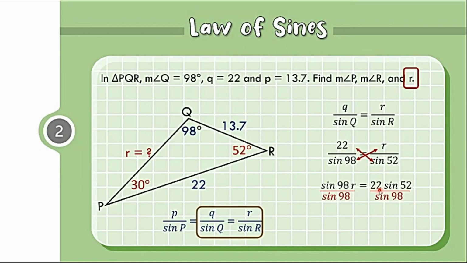Press 22 sine 52 divided by sine 98. Therefore, the length of side R is equal to 17.51. Remember that we can use the law of sines to find the missing parts of oblique triangles.